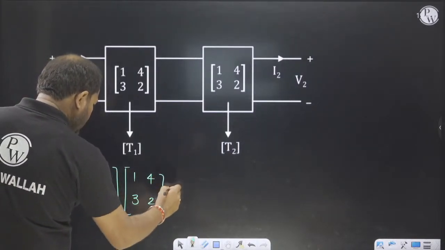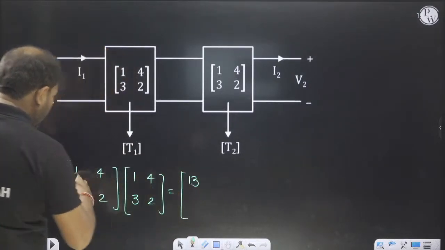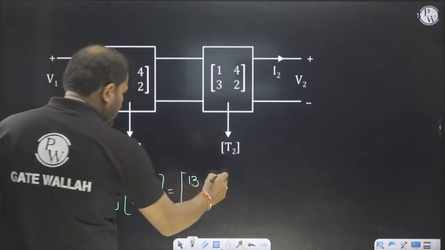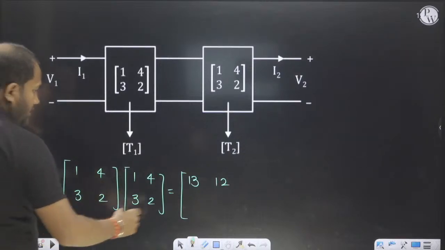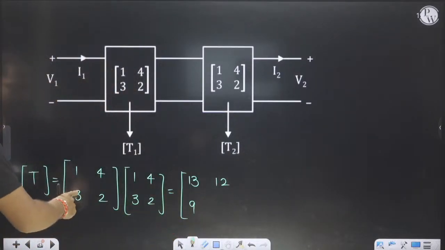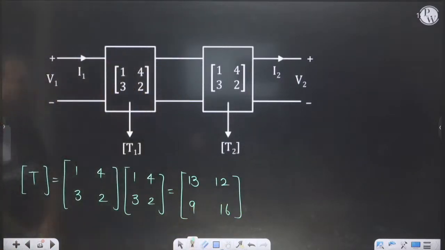So the multiplication gives 1+12 = 13, 4+8 = 12, 3+6 = 9, and 12+4 = 16. So this is our ABCD matrix: 13, 12, 9, 16.